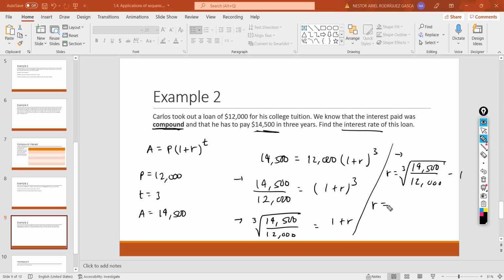And I get a quantity of 1.29, which I think is somehow incorrect. Let me check what am I doing wrong. Let me make a pause because I think I'm doing something wrong here.